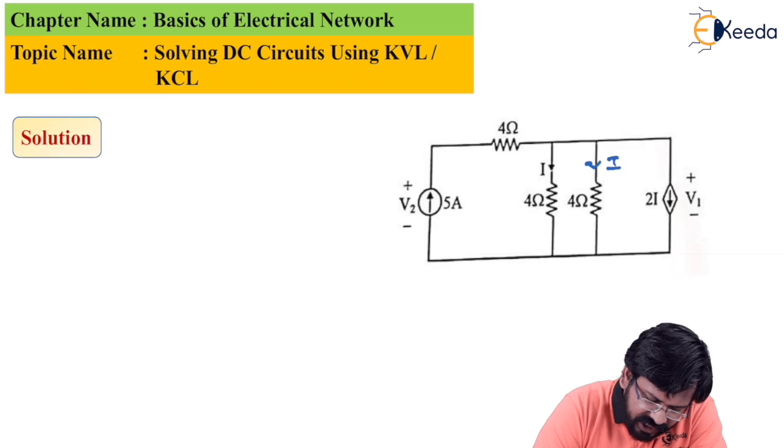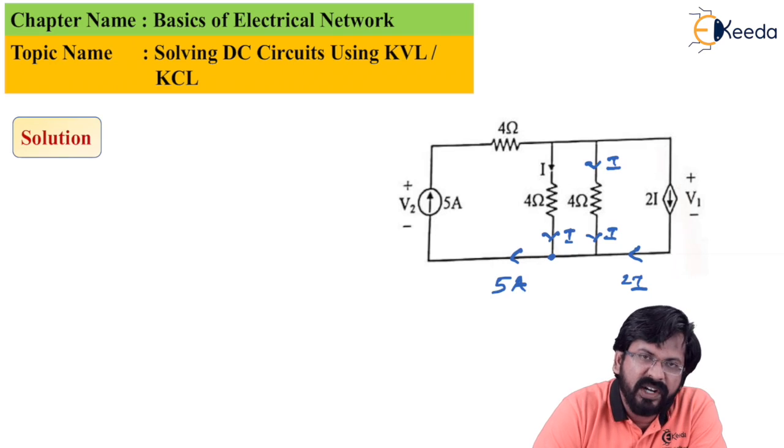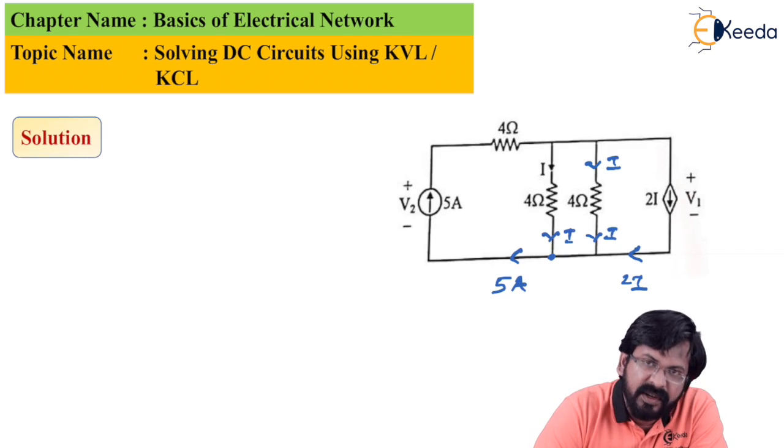So if I consider this node, this is incoming current I, and this is the outgoing current, which is, let's say, 5 ampere. One more current coming over here is I. There is another current which comes in the last branch, which is 2I. After applying KCL at this point, I is incoming, another I is incoming, the other incoming current is 2I.